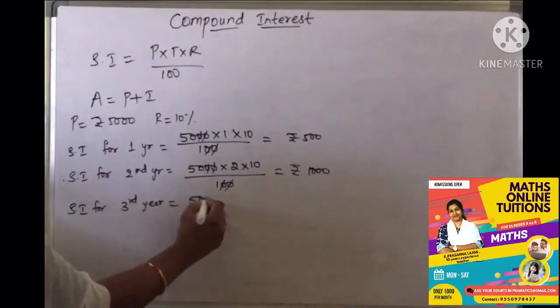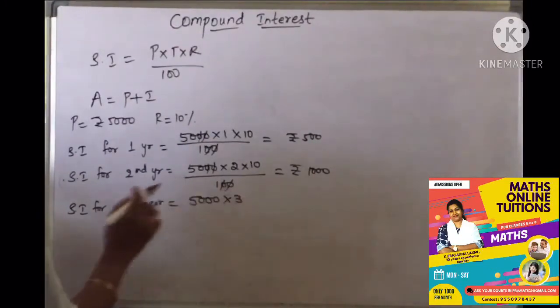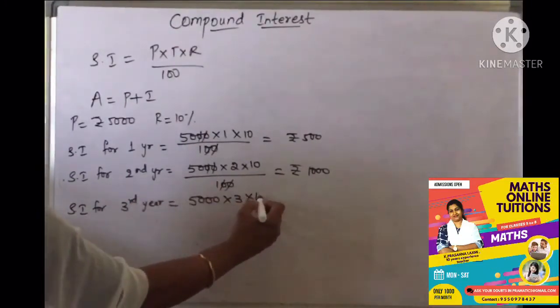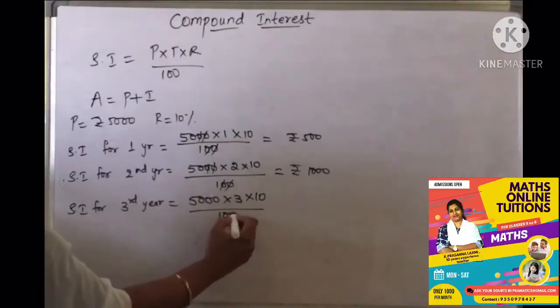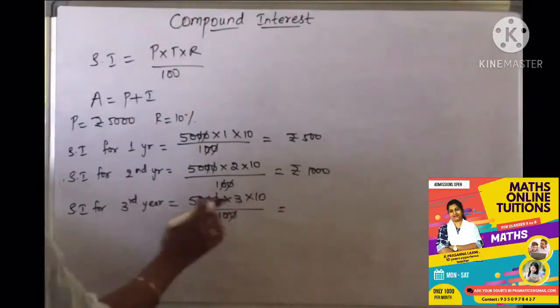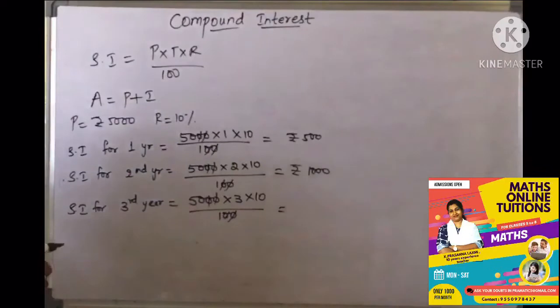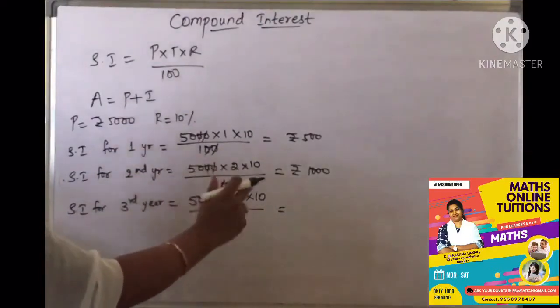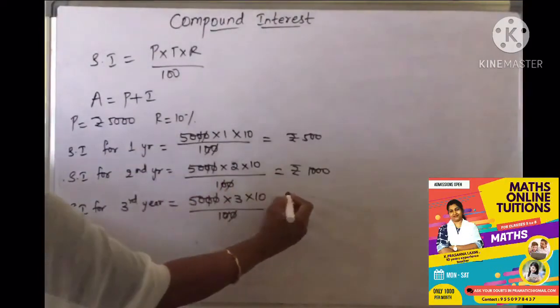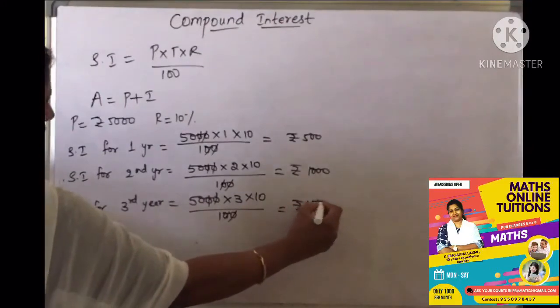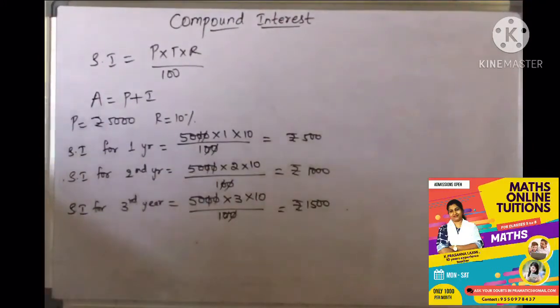Here 5,000 into time period 3 years into 10 by 100. When I cancel here, 5 threes are 15, so 150 into 10, that gives you 1500. So on we calculate. For the fourth year we will take the time period as 4, and for the fifth year we will take the time period as 5.